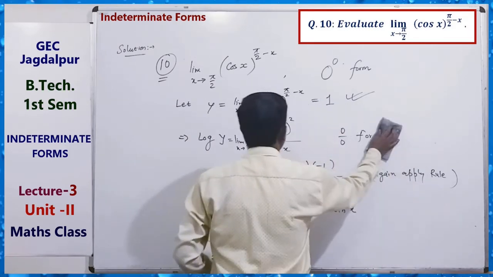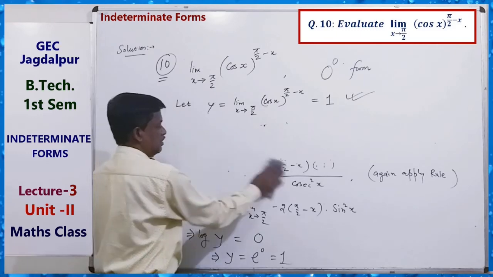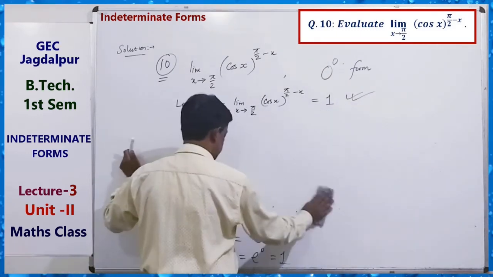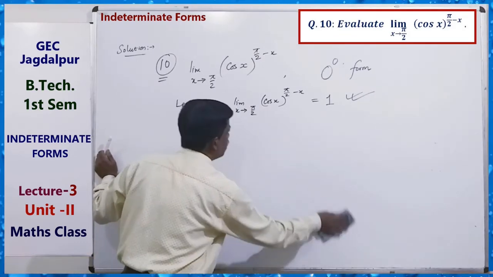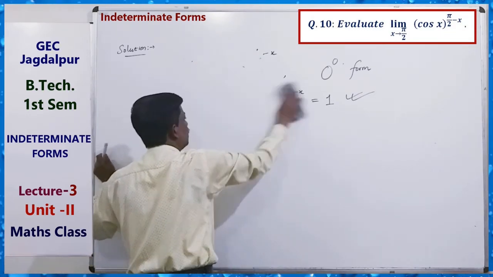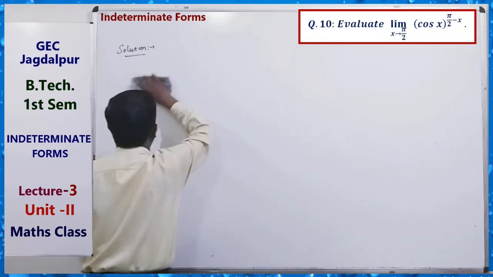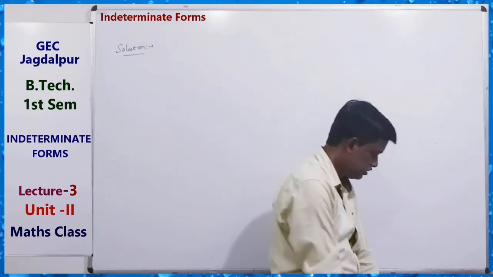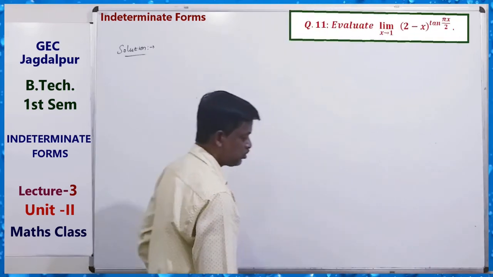So similarly we can solve infinity power 0 form by using logarithmic, and 1 power infinity form by using logarithmic. Power involved, so just we can solve it by using logarithmic. Okay, so just see one more question here.